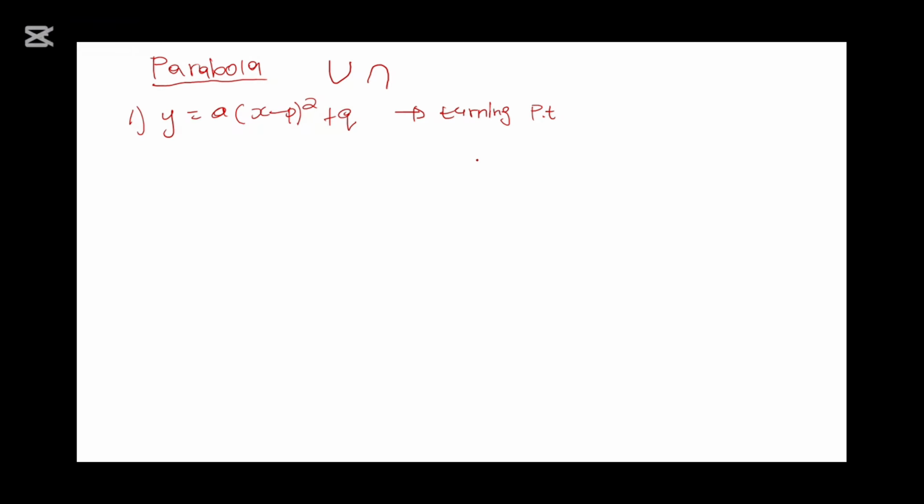So remember, p is our x value of the turning point. Then q is our y value of the turning point.